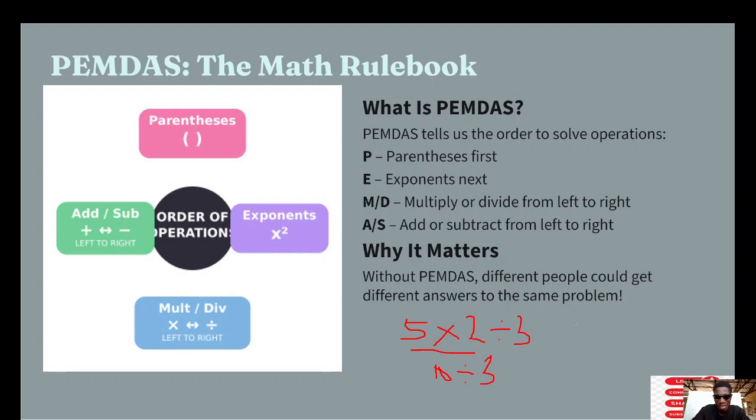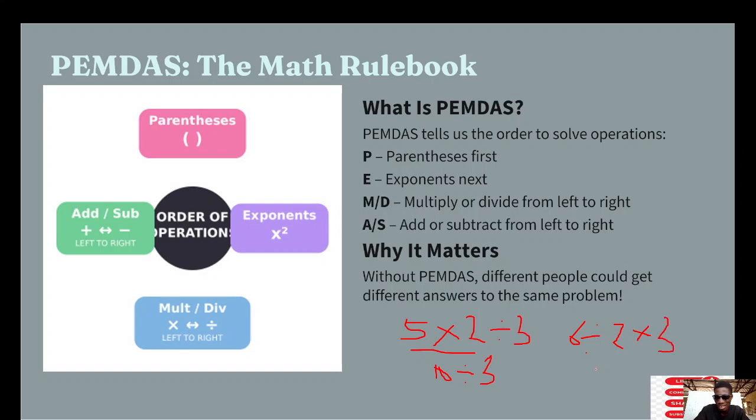Assuming that you have something like, let's say, 6 divided by 2, then times 3.